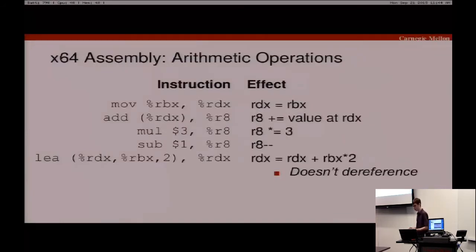Because both addresses and just integer values are the same. It's just a 64-bit number. And the assembly language doesn't have any notion of types where it will distinguish between the two. So I could put 5 in RDX and 10 in RBX, and then I'll get 25 out in RDX, even though those most likely wouldn't be valid locations in memory to actually use. Any other questions?